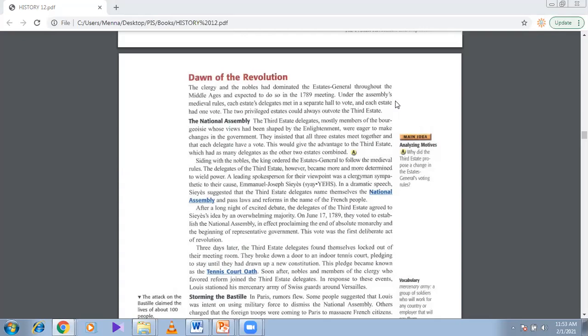Yes. Grade 12, do you all understand? Do you have any questions concerning today's part? No. Why is it such a long lesson? This is only the first part of the lesson. We still didn't finish it. The French Revolution is detailed.